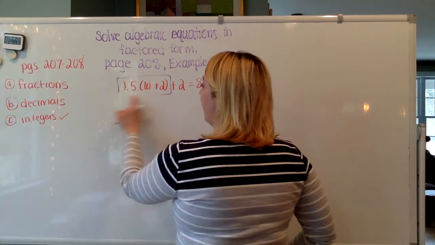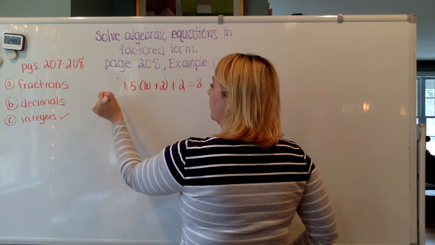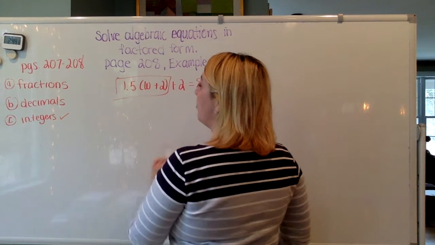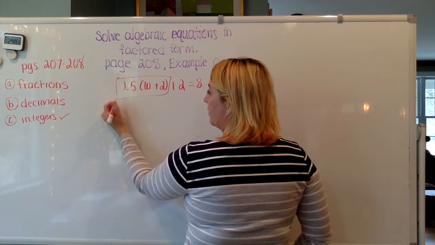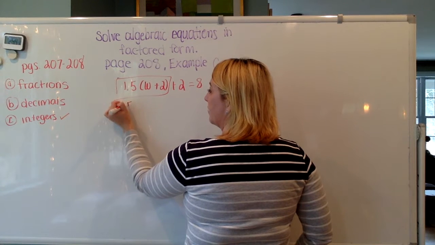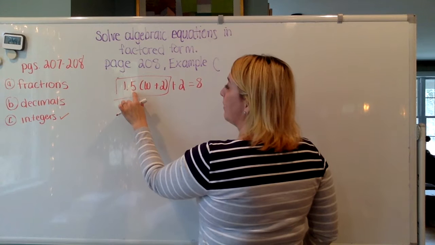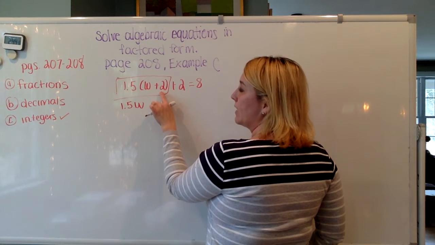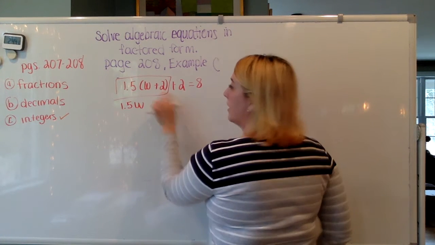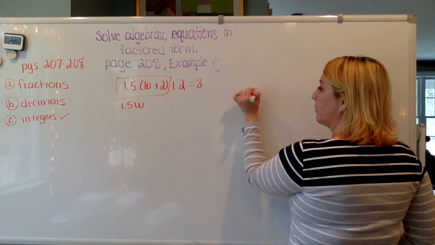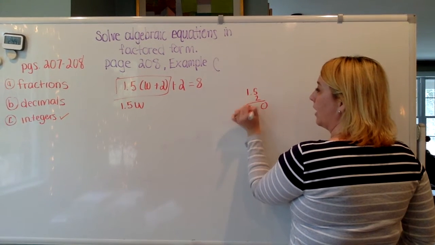So 1.5, actually, I'll leave that up there for you. 1.5 times w, so positive times a positive, is positive 1.5w, right? A positive 1.5 times positive 2, and if I need to, I can do my multiplication out on the side.